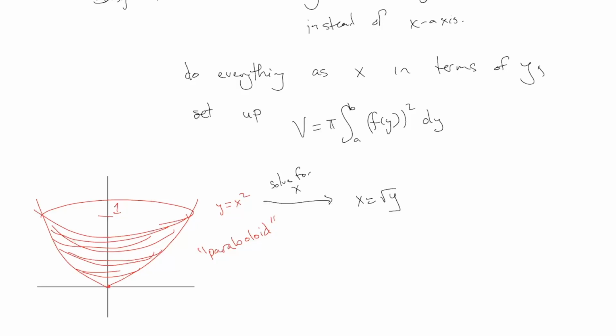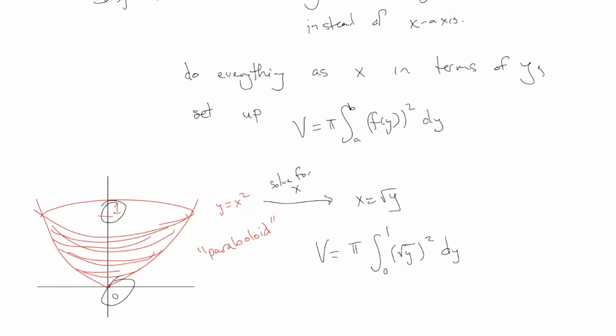All right, anyway, we can just figure all this business out then. So the volume is pi, I go 0 to 1. That refers to these y values here, 0 and 1. And then the formula says my function, which is root y squared dy. And this one works out very nicely.